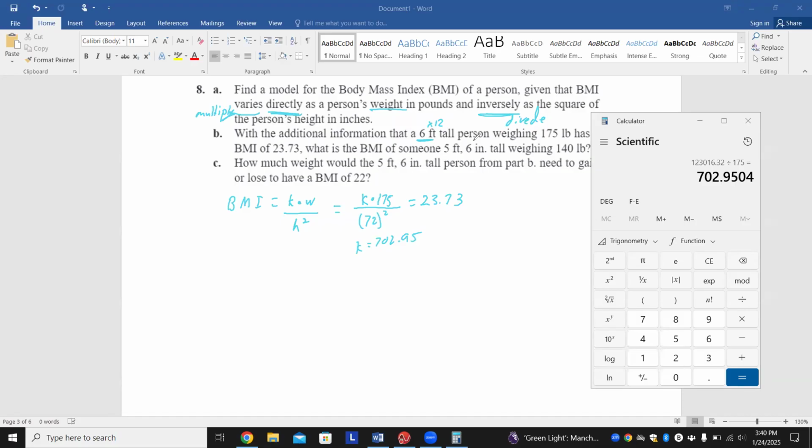We can then use this to answer the second part of the question. So what is the BMI if someone's 5'6"? We'll start off with 702.95 times, 5 times 12 is 60, so that's 66. Oh, that goes on the bottom. And then weighing 140 pounds.